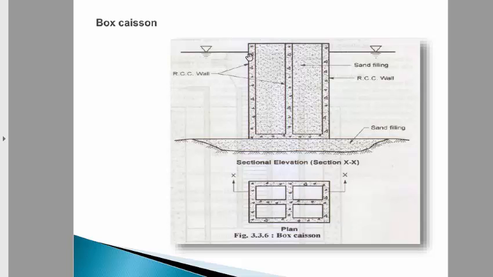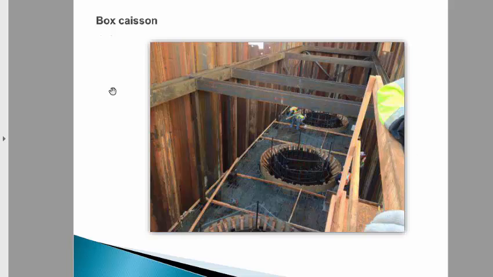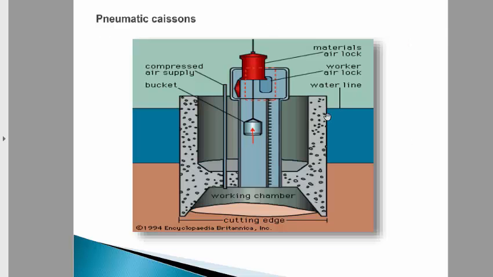After that sink the well, fill it with sand, and then create a pier above the box Caisson. So this is an example of the box Caisson.